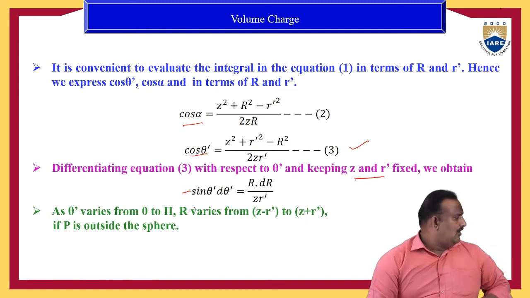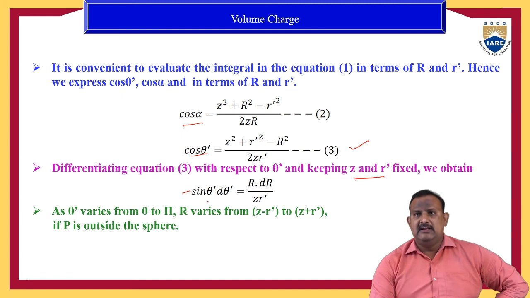Therefore, sin theta dash d theta dash equals R dR by z r.